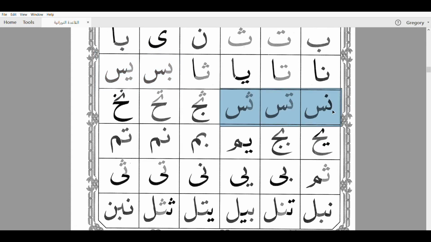How about this one? Remember this one? The 1 dot on top. Yeah. Noon. At noontime, like the sun is directly overhead at noontime, right? Nasa. Yep, nasa. Tasa. Thasa. Good job. You're improving quickly.